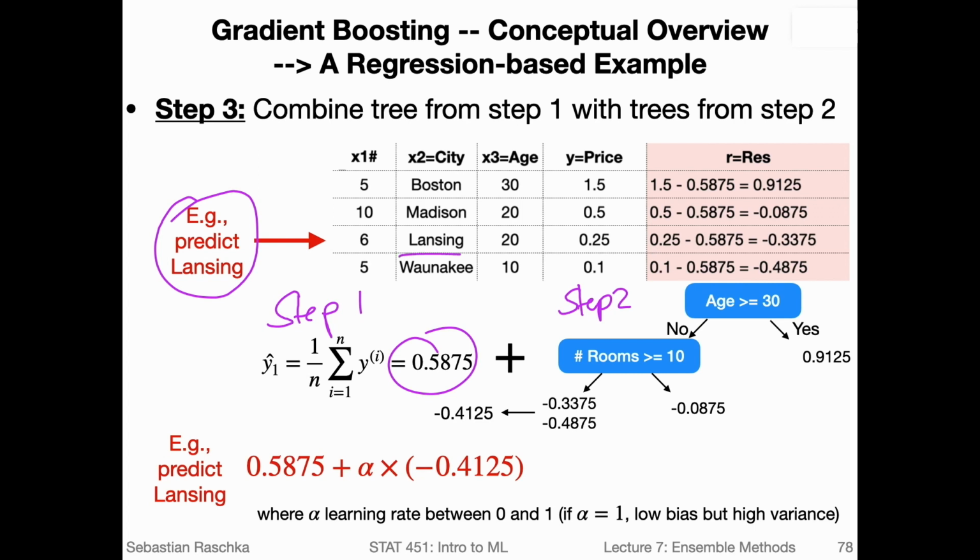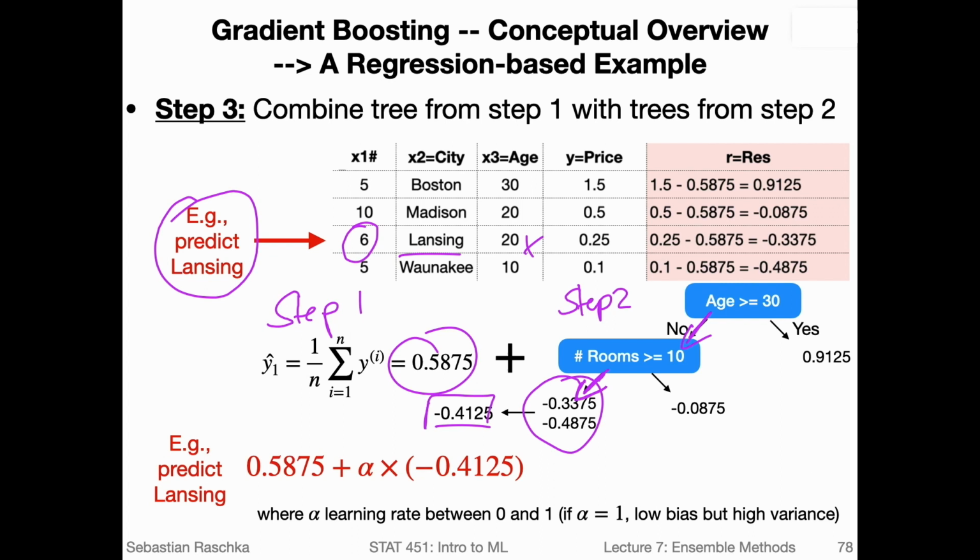For the Lansing tree we have an age smaller than 30, so it goes here. And then we check the number of rooms. The number of rooms is actually smaller than 10, so we go here. So for Lansing we are at this node if we make a prediction for Lansing. And like we said before, if there is more than one target variable at a given node, we average.